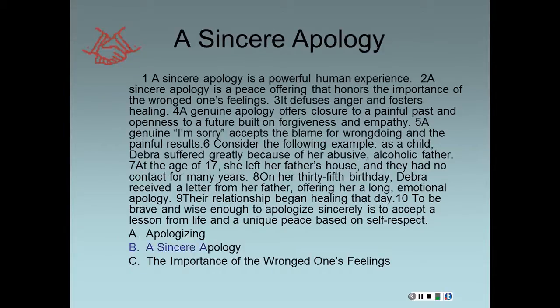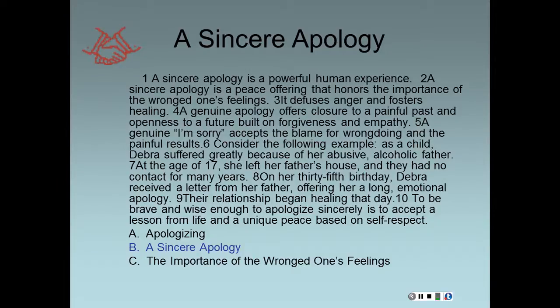Choice B. Notice how sincere apology appears in sentences 1 and 2, and apologize sincerely appears in sentence 10. Genuine, a synonym for sincere, is used in sentence 4, and the words genuine, I'm sorry, are used in sentence 5 in place of sincere apology.